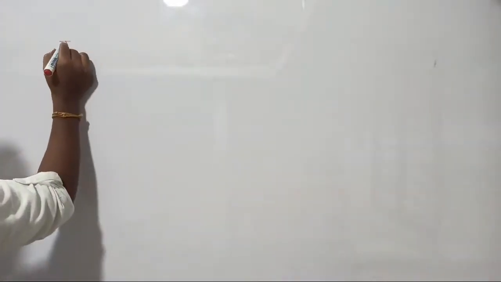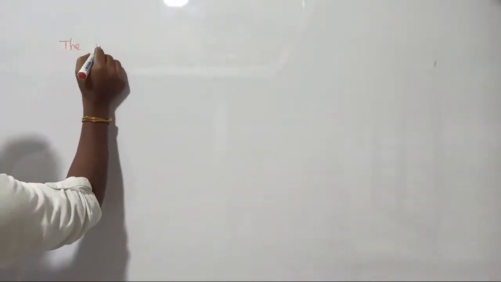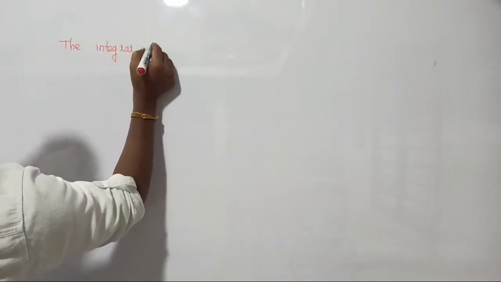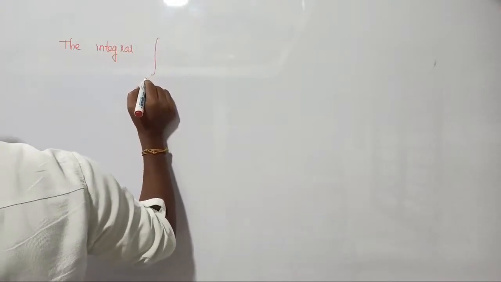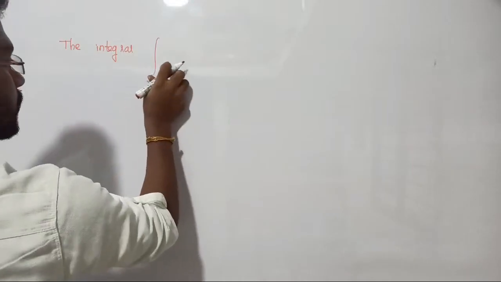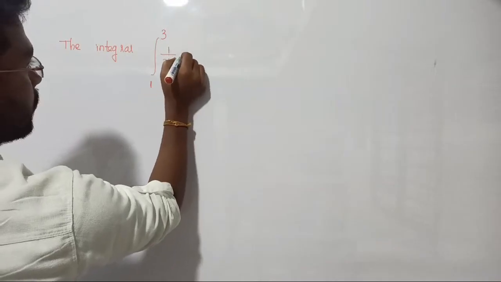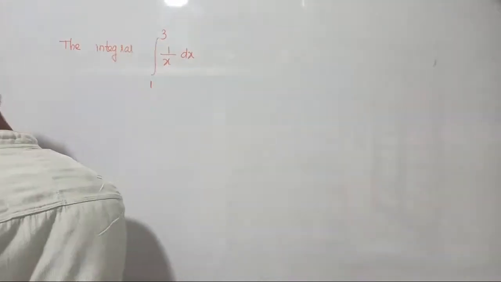Fine. Next one, again write down the question. The question is once again the integral from 1 to 3 of the given function 1 by x dx. The function is 1 by x.